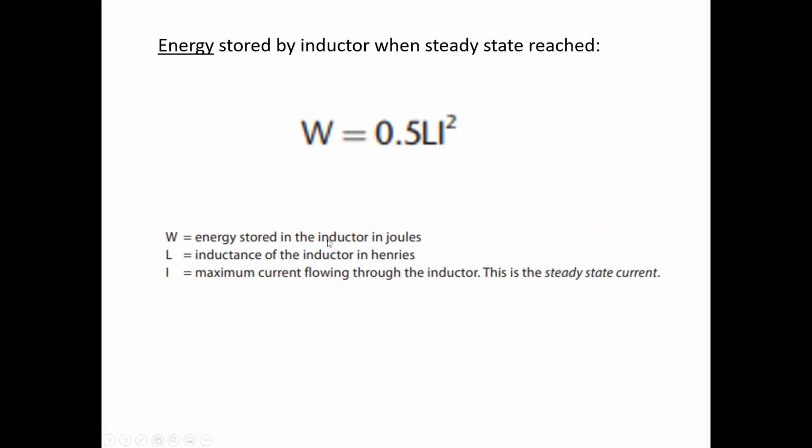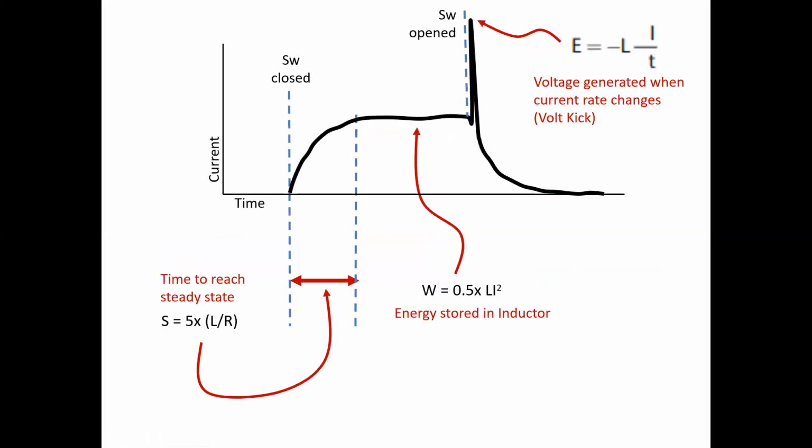The W represents energy in joules, so it's a little different; it doesn't represent watts. L is the inductance, and I is the steady state current flowing through the inductor. So we can calculate how much energy is stored by the inductor when it has reached its steady state value. And that's important for the last item here.